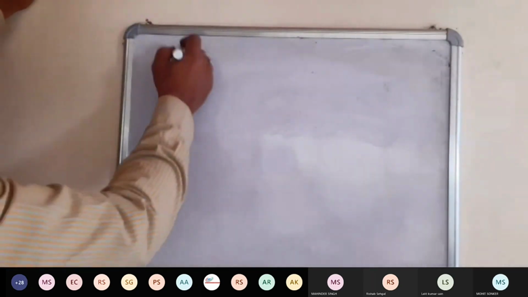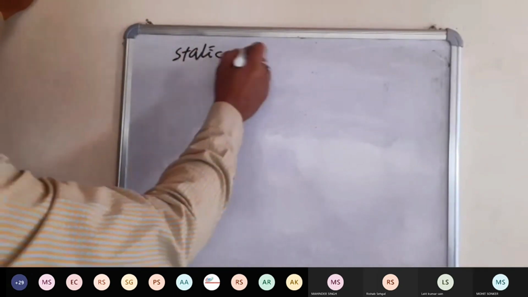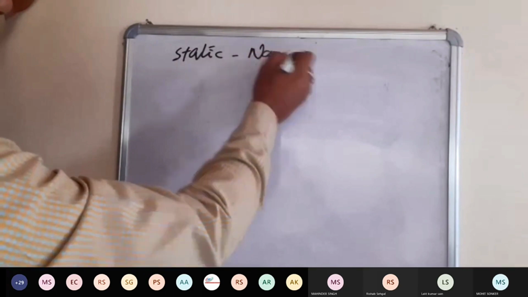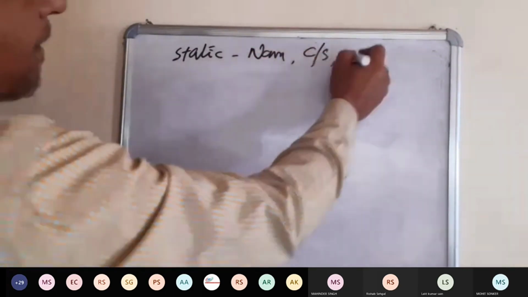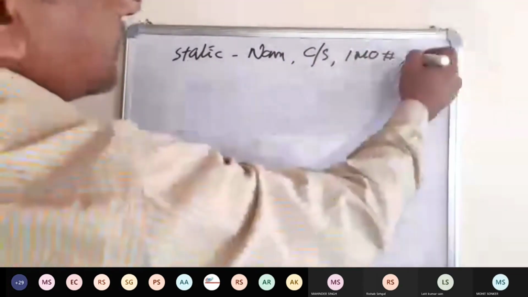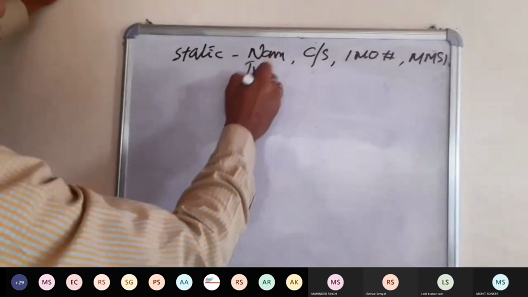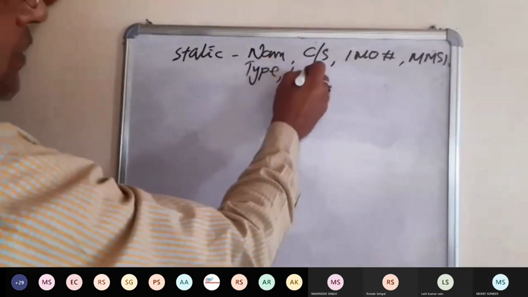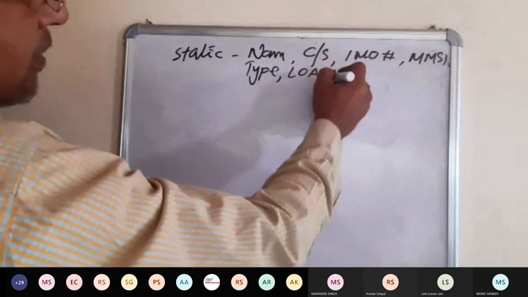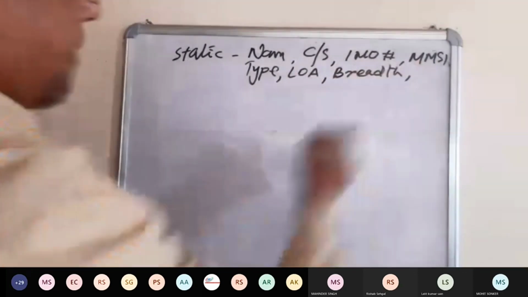All right. So we're talking about the types of data. The static data, which comprises name, call sign, IMO number, MMSI, type of ship, length of ship, breadth of the ship.